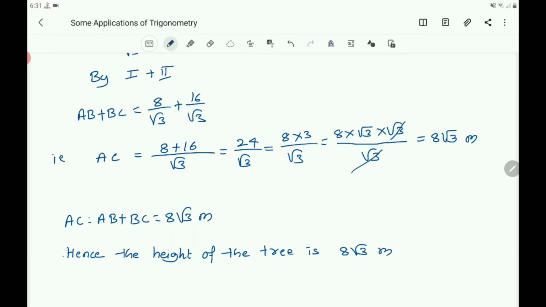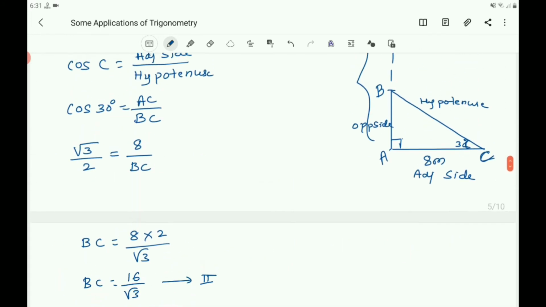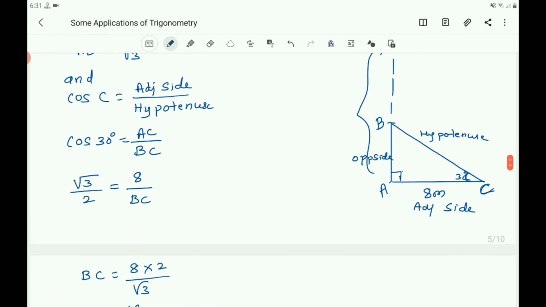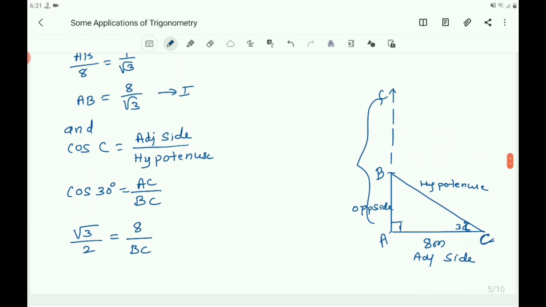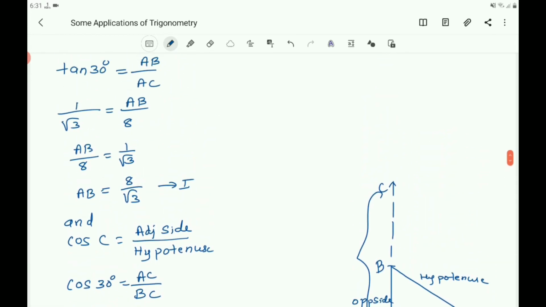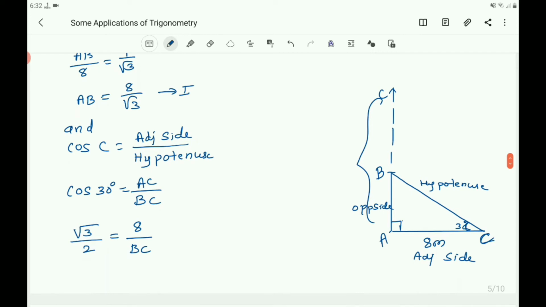Here by using the trigonometric ratios tan theta and cos theta, you got the value of AB and BC. By using tan 30 degree, you got AB, and by using cos 30 degree, you got BC, and by adding AB and BC, you got AC, which is the height of the tree.